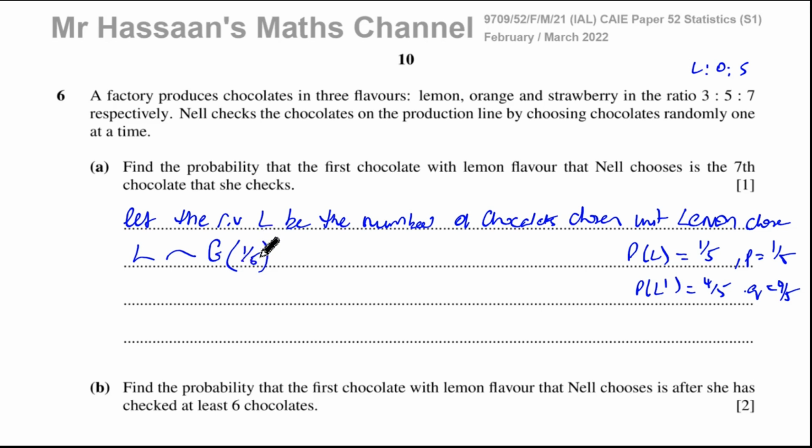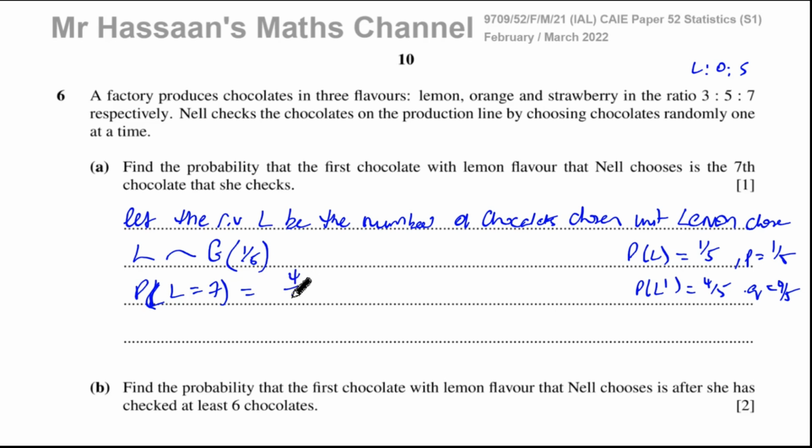So it's a geometric distribution with the probability of success 1/5, and we can say from this that the probability that L is equal to 7, that means the 7th that she chooses is going to be the lemon, such that the first 6 are not lemon.